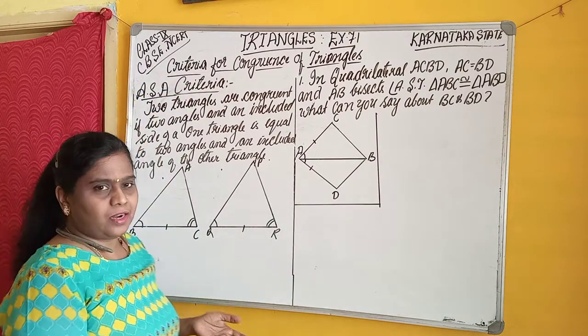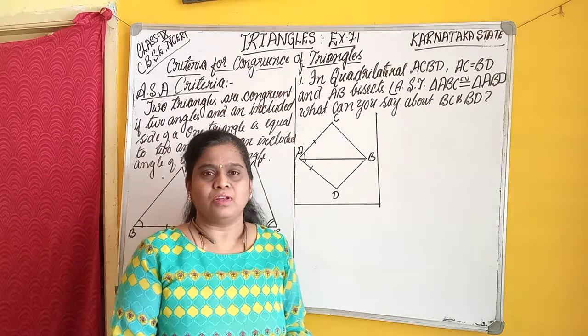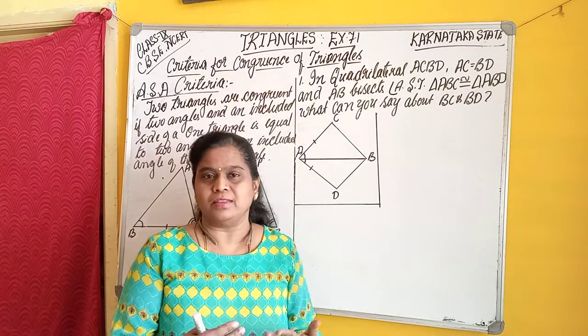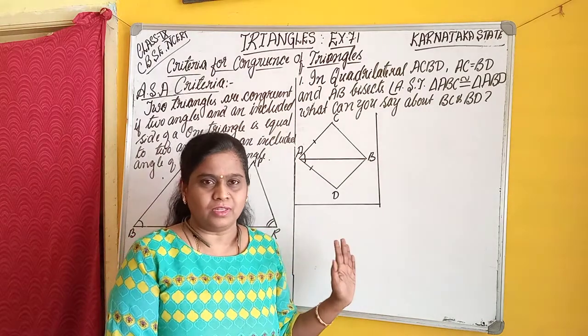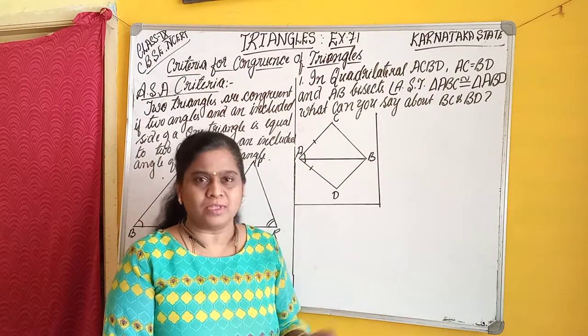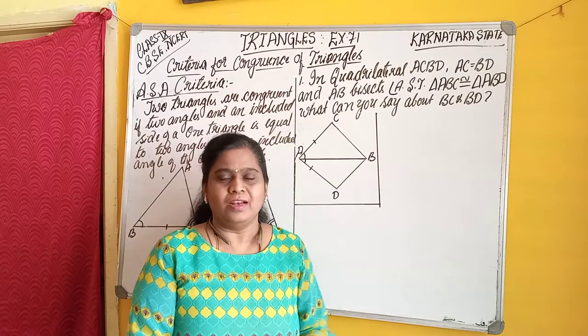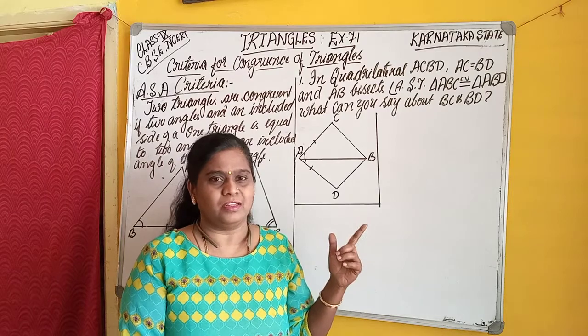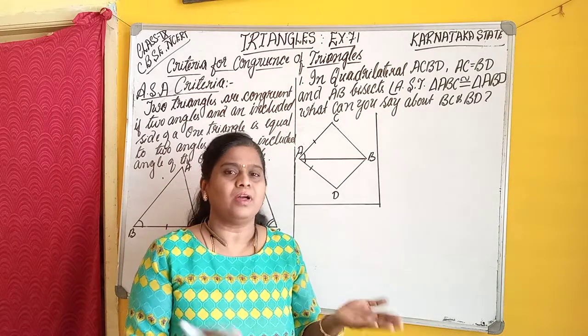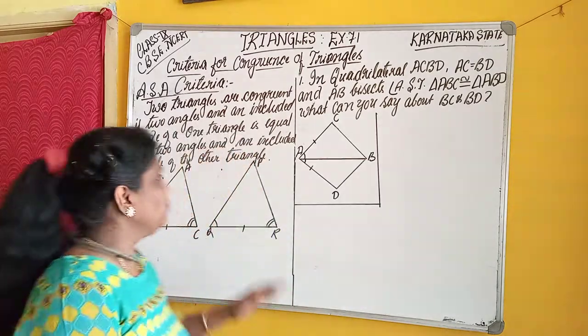This ASA criteria is reduced in your syllabus for this year, that means 2021. Even though, we should know this to solve some problems. Let us discuss this ASA criteria shortly.